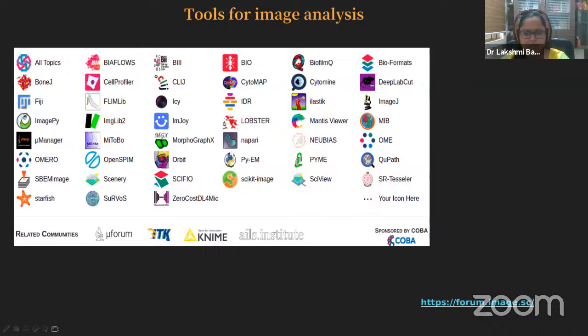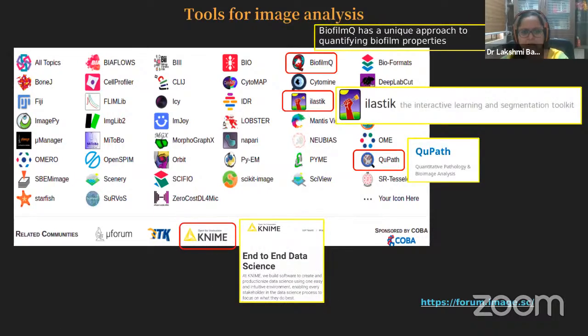And just to give you a glimpse of this, there are so many icons that you saw, right? Why are there so many tools? Sometimes you need special skills to extract the features from the images. If you ask me, can you tell me a software that can address all my projects?